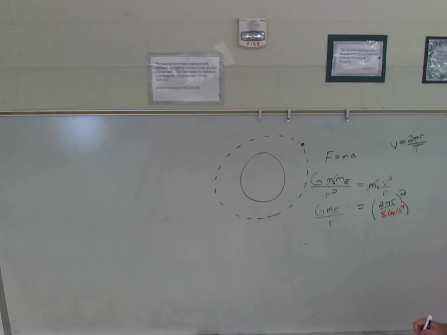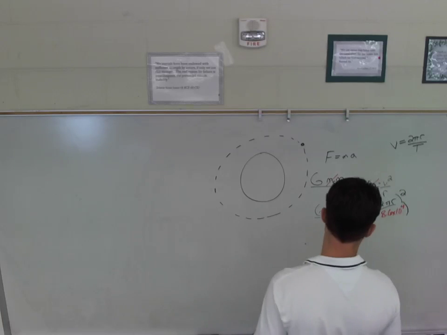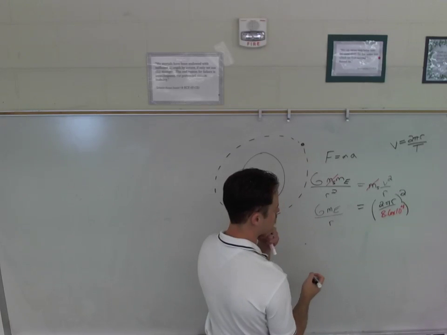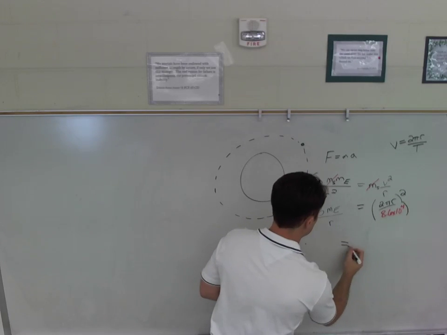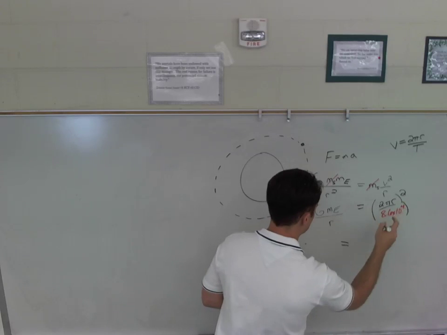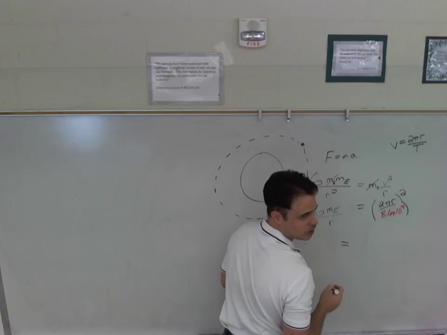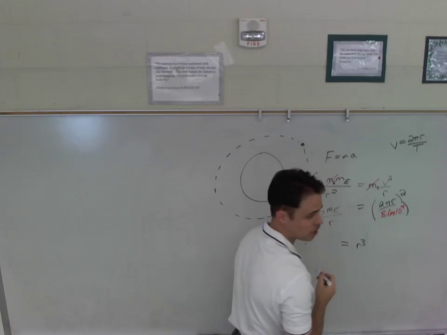Okay, so now all we've got to do is move stuff around and solve for r. These are just numbers. I'm not going to put the numbers in, because I don't want to write down big, giant scientific notation over and over again. r is my only variable, so I need to get r by itself. I'm going to put this r over there. How many r's are we going to have? Three of them, r cubed, right?